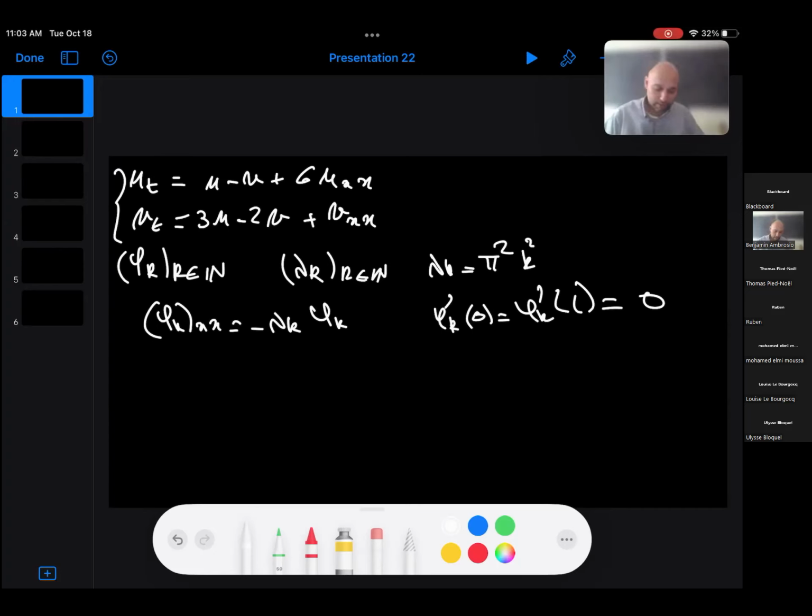Okay, next. I will replace u by its decomposition in the basis made with the phi_k, and I write it like that. And the same for v.